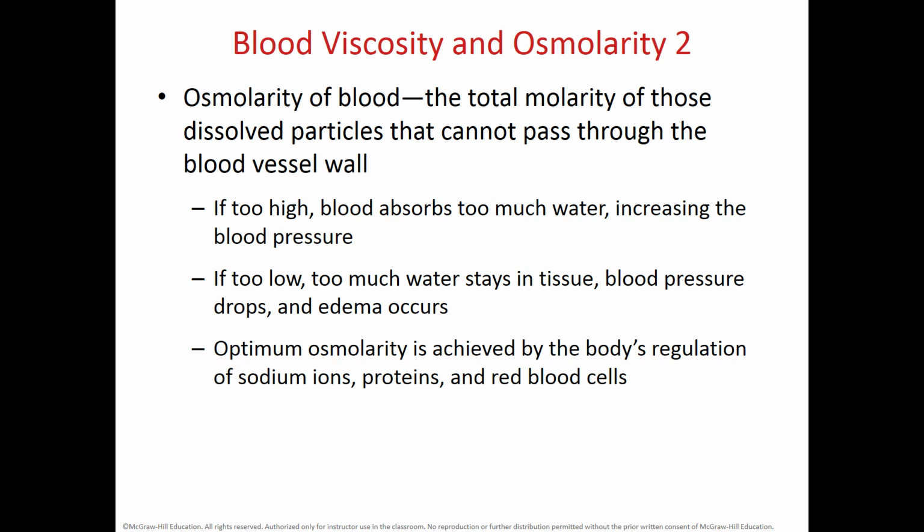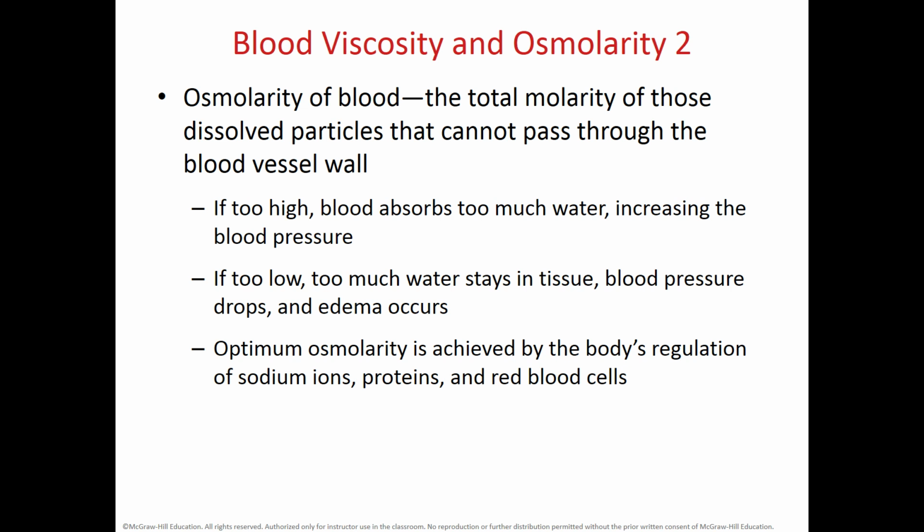When you have too much sugar or too much glucose in your blood or too much sodium chloride, you will absorb more water. You increase the osmolarity of your blood, and you will absorb too much water within your blood, and you increase blood volume and you increase blood pressure. And the opposite is going to be true.